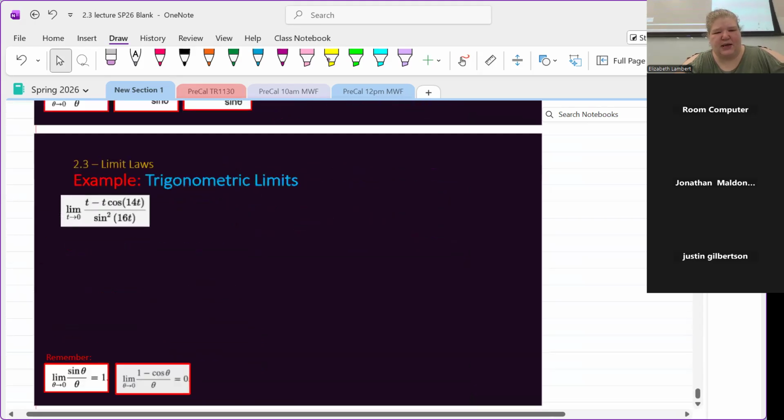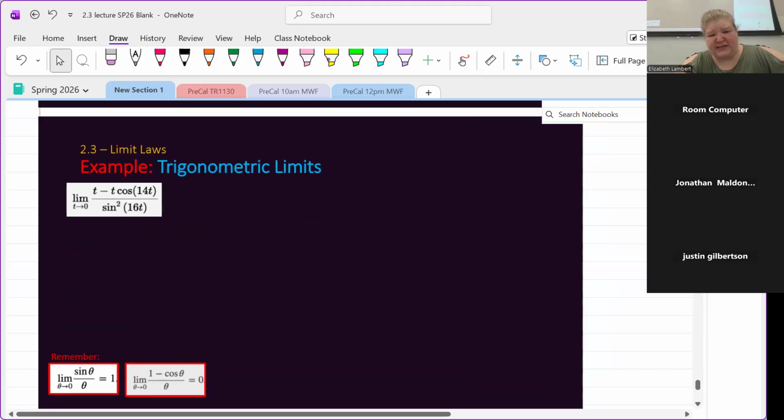All right. Now this last one, we're seeing t minus t cosine on top. Like we're also going to make use of the cosine limit in this one. Well, are we? Yes.